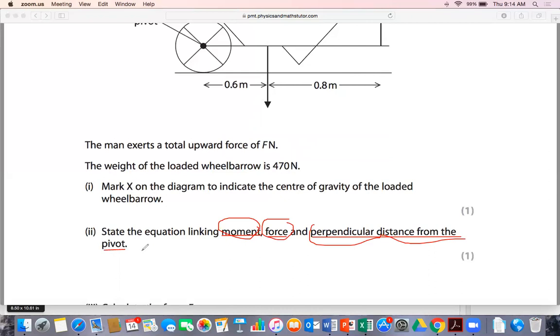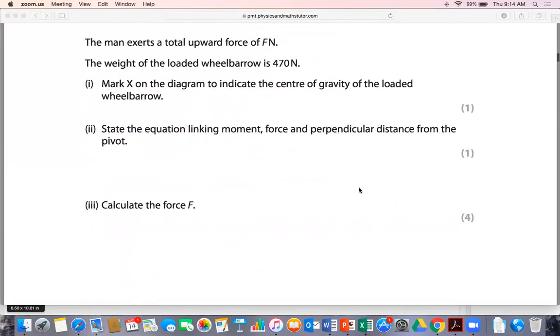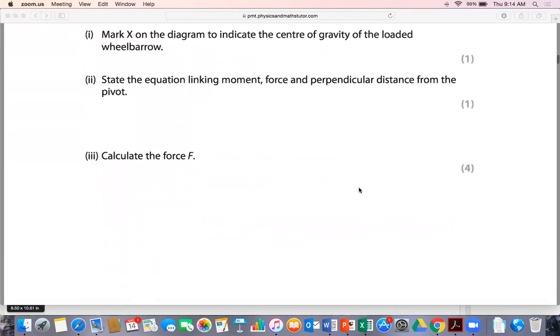Write the whole thing, perpendicular distance from the pivot, because that's what they've given you. Same thing with the previous one. You use the exact words that they have given you. The moment equals to force times perpendicular distance. Okay, calculate the force F.